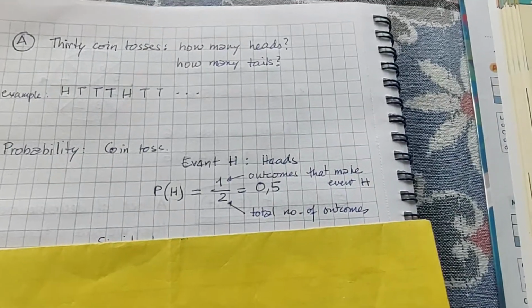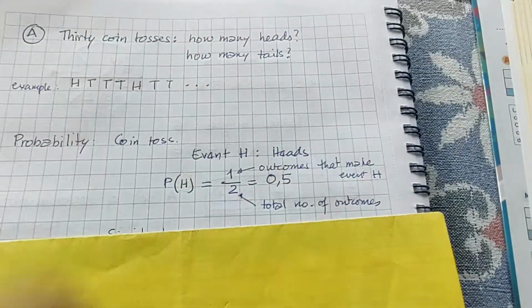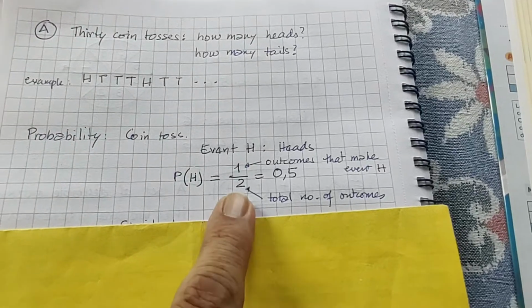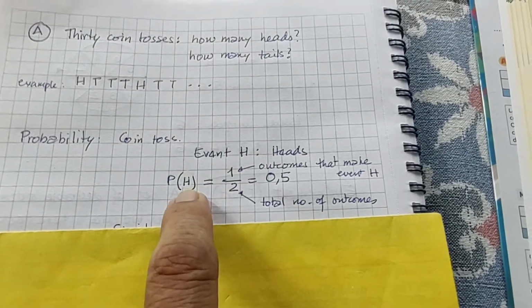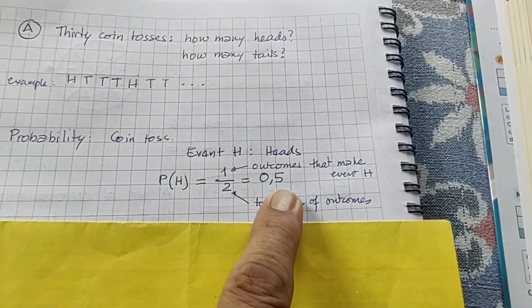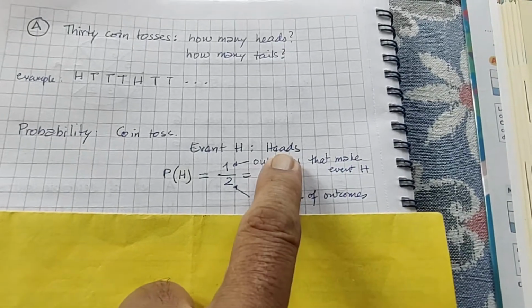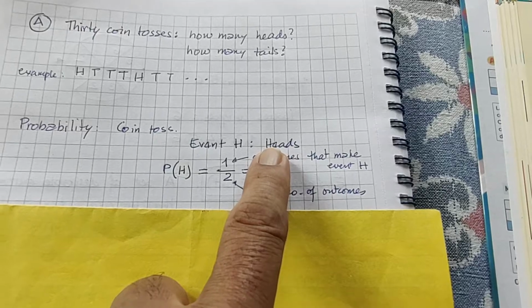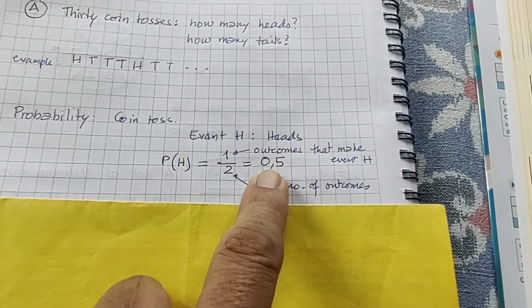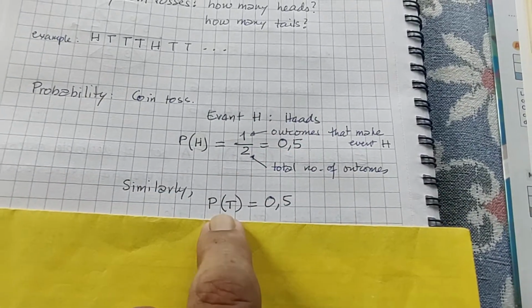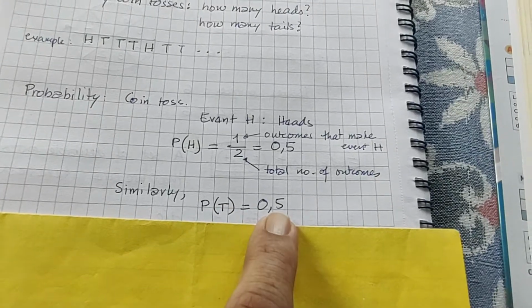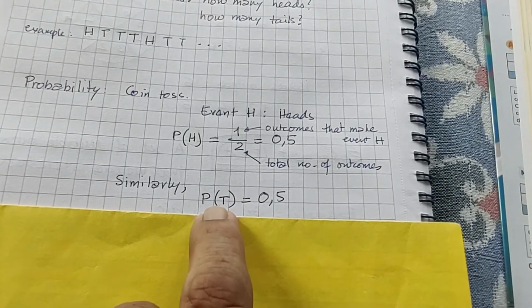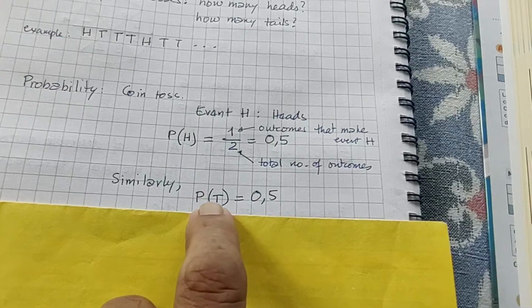You can only have heads or tails. So you have 1 over 2, and that is why P of H is equal to 0.5. The probability of getting heads, of satisfying this event, is 0.5. Similarly, P of T is also 0.5, where T is the event of getting tails.